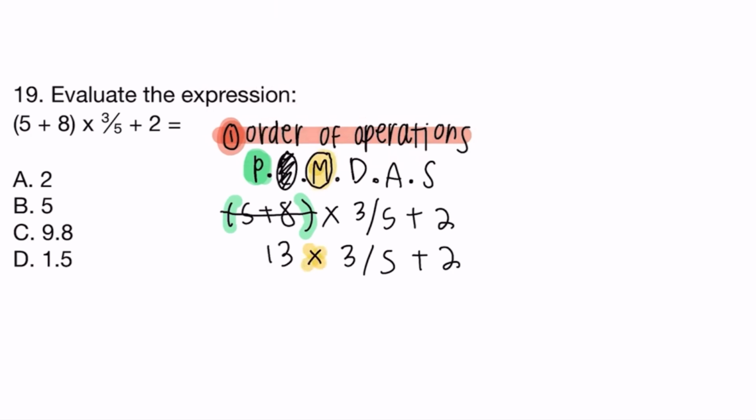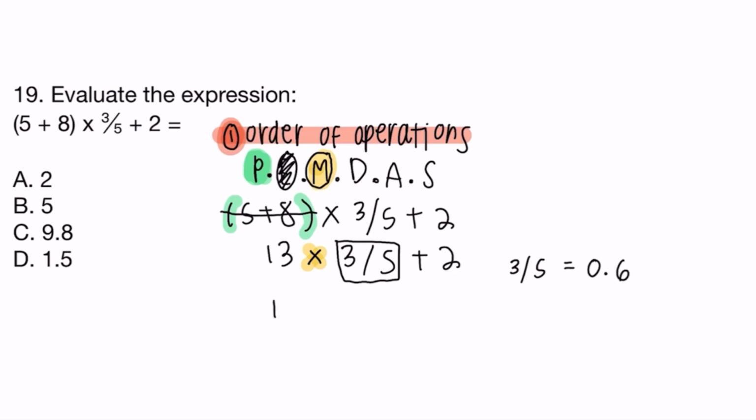I see times, which is 13 times 3 divided by 5, which is just a fraction. But I'm going to work out that fraction because I hate looking at fractions. That's just me, though. So that 3 out of 5 fraction is just 0.6. So instead of writing 3 over 5, I'm going to write 0.6.